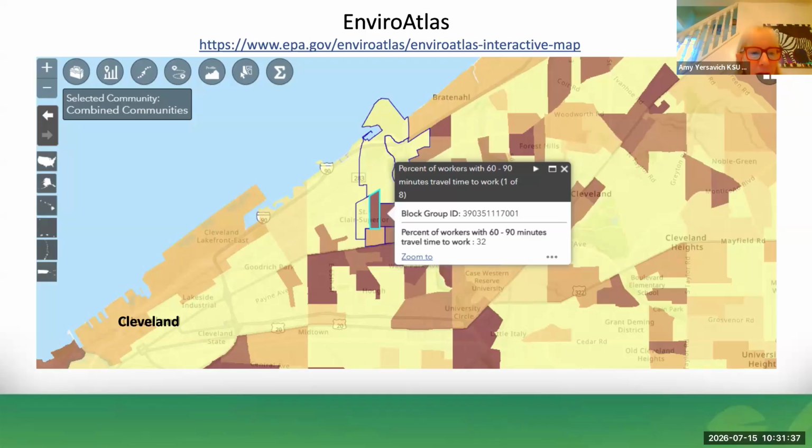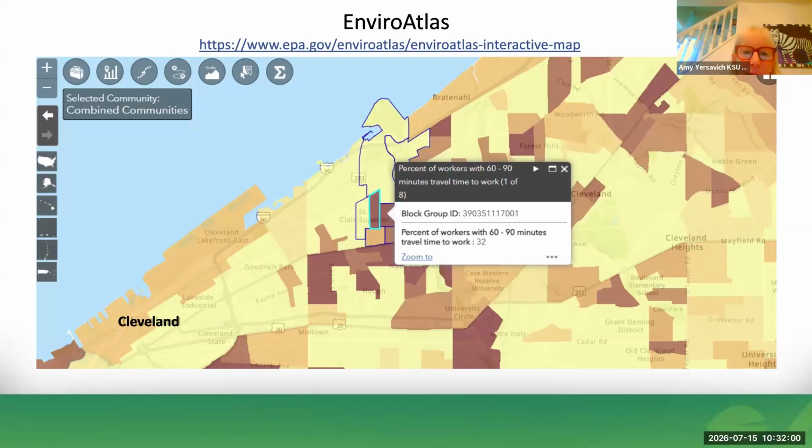Here's Cleveland. I just focused on this dark little hexagon, or whatever you want to call it. It's a census block group, and it shows the percentage of workers that have 60 to 90 minutes travel time to work. So they've got a huge travel time, even though they're in downtown inner city Cleveland.